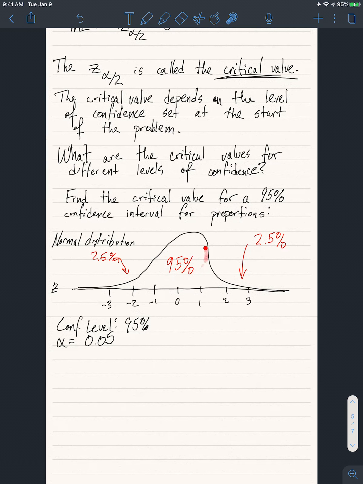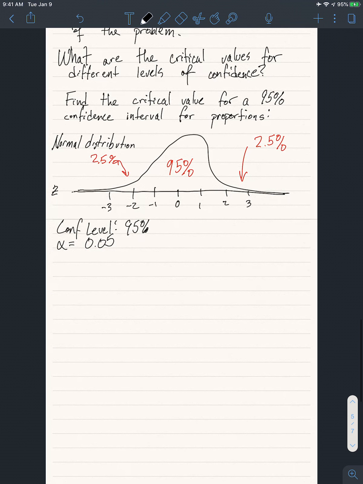So 95% confident, and then the extra 5% we're going to split out on the other two sides. We need to know what z-scores are going to separate it so that 2.5% is below some z-score here, 2.5% is above some z-score here, which leaves 95% in the middle. And the way we do this is using that z-chart, the standard normal chart, in reverse.